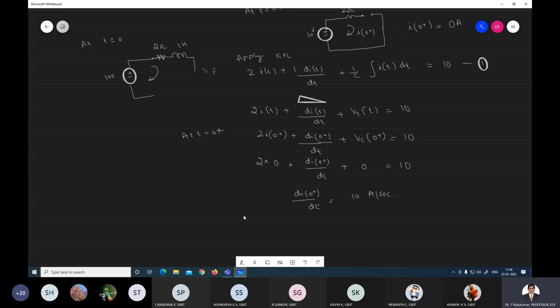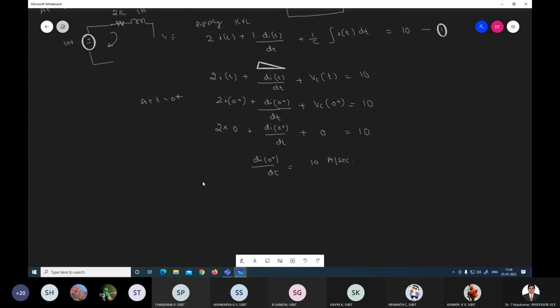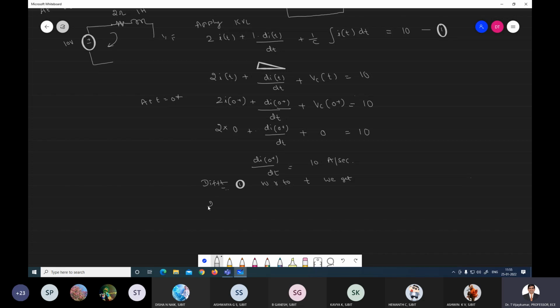Differentiate equation 1 with respect to t. Sir, d²i/dt² is equal to minus 20 amps per second squared. Yes, correct. So we get 2 into di(t)/dt plus d²i(t)/dt² plus 1/C i(t) equal to 0.